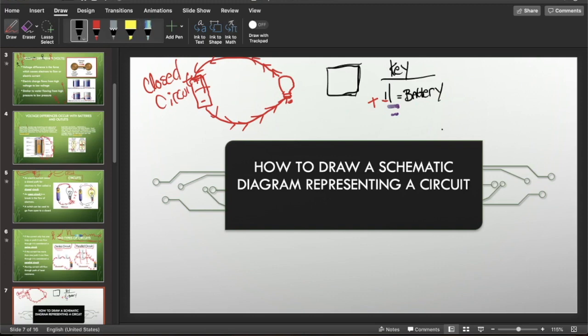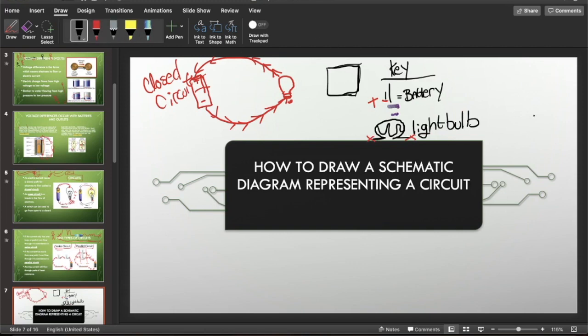Well, the next one is the light bulb. This is a little bit of a messy drawing of a light bulb. So this is the light bulb. And as long as you have both parts of that negative and positive flowing into the light bulb, then it will be a closed circuit.